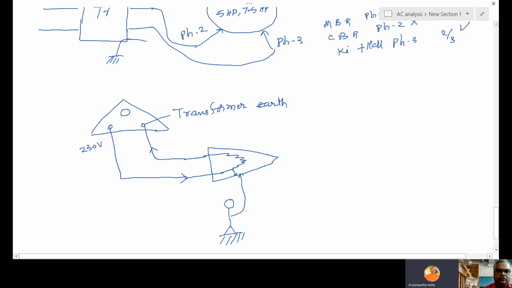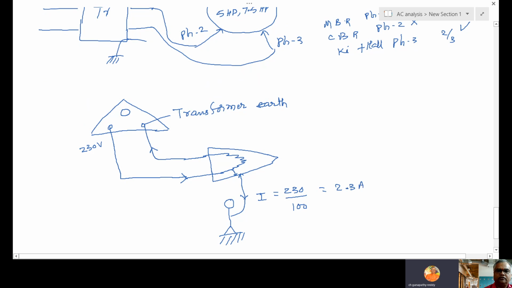So indirectly you are touching the filament, meaning you are touching 230 volts. Current will pass through your body. How much current? Current is 230 volts divided by body resistance. For example, with 100 ohms, 2.3 amps of current flows through your body.